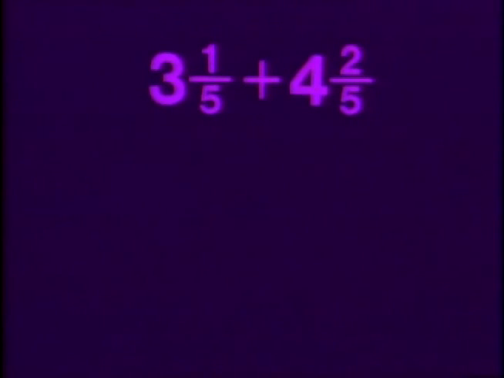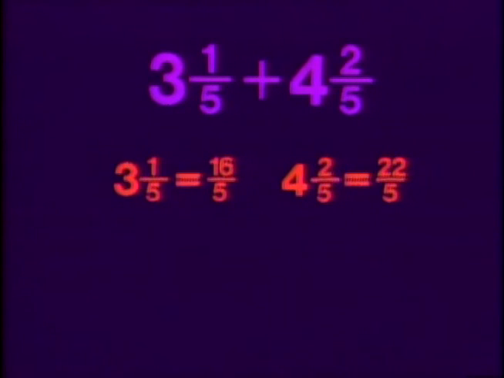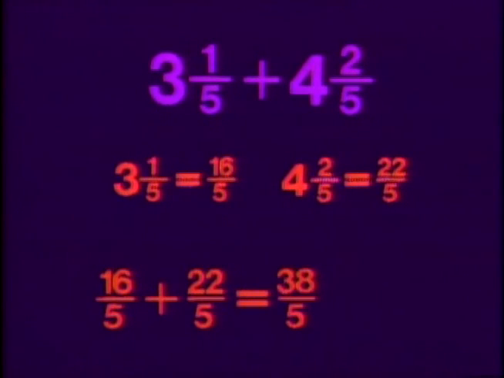The problem was 3 1/5 plus 4 2/5. Convert to improper fractions as shown. Adding, we get 38/5, which, changing it back to a mixed number, is 7 3/5. Of course, the answer is the same as our earlier one.